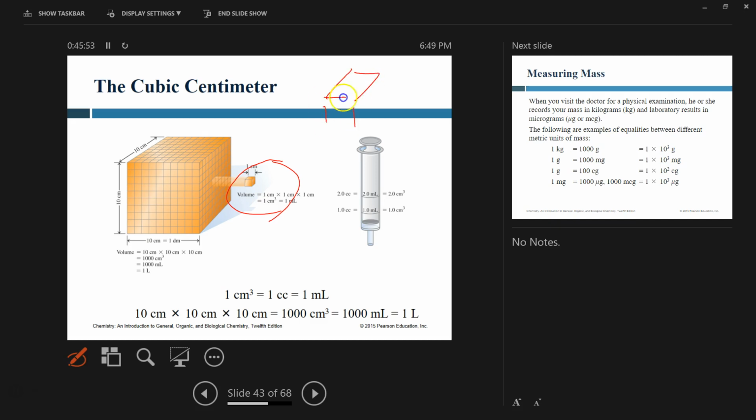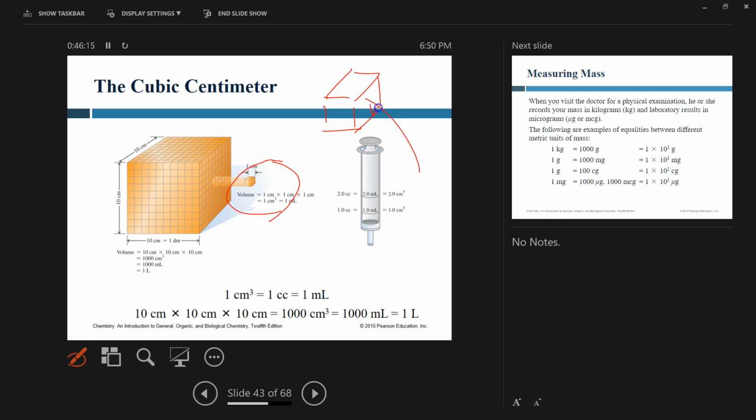So that's the cube, as good as it can be. Can you see the cube that I drew? Imagine that the size of the side of this cube is 1 centimeter. What's the volume? It's 1 cubic centimeter, or 1 milliliter. You're absolutely right.